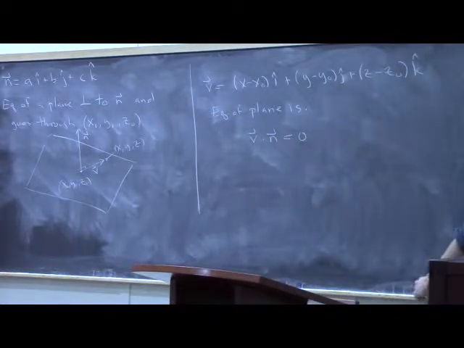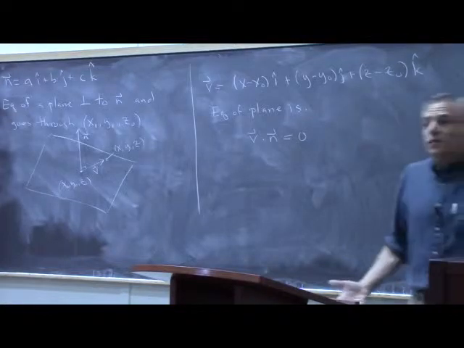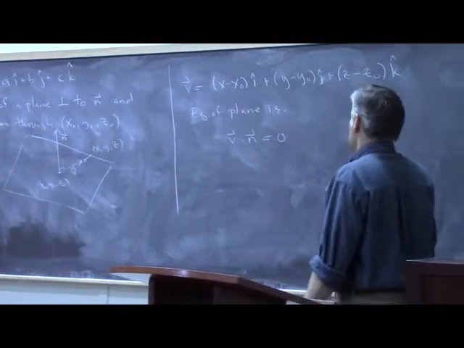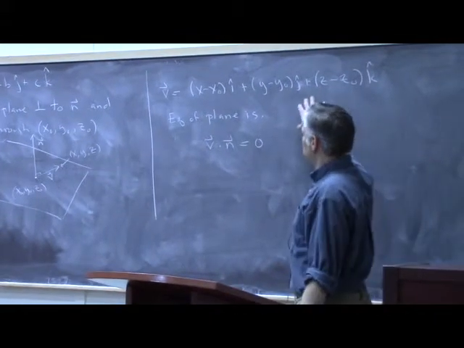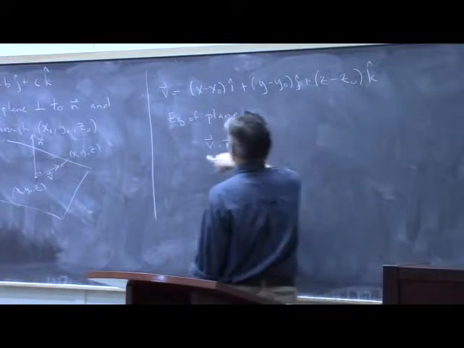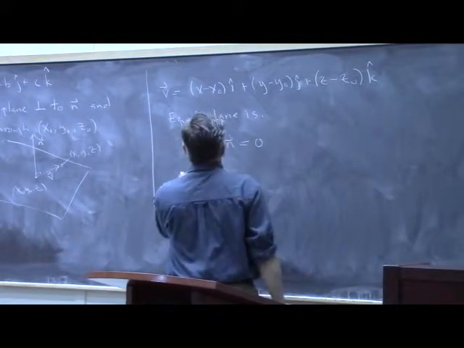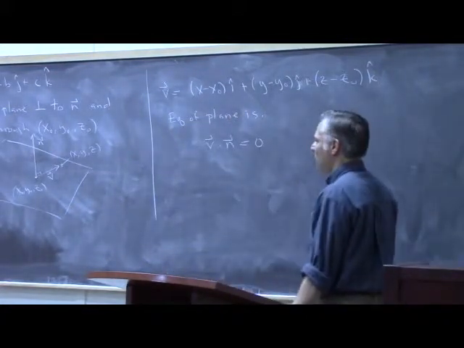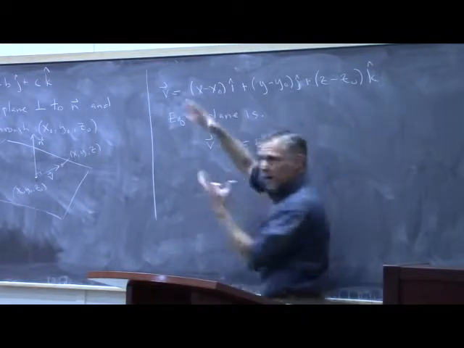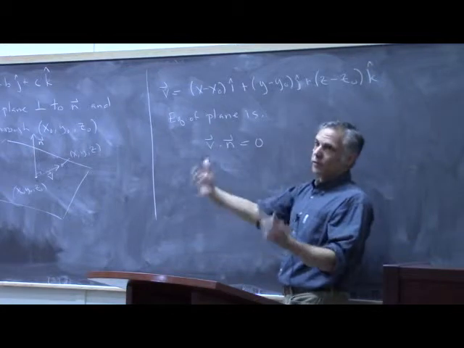And now we know how to write down the equation of a plane. So we're almost done. We should probably write that out. So if I'm going to dot, when we dot things together, we multiply the x's, we multiply the y's, we multiply the z's.